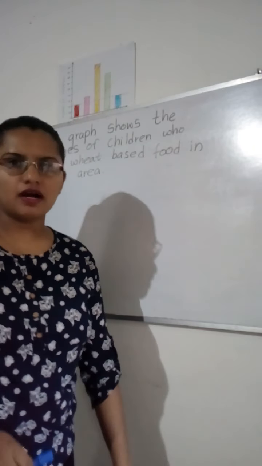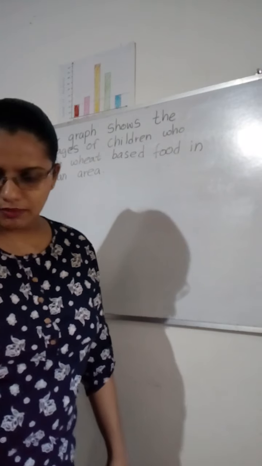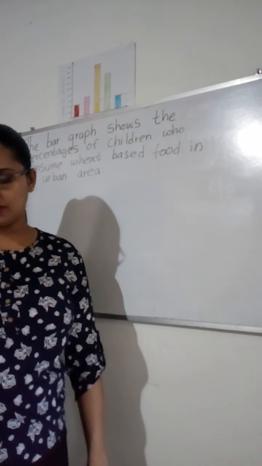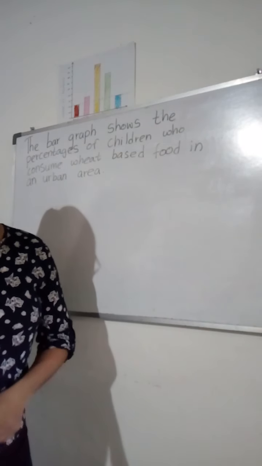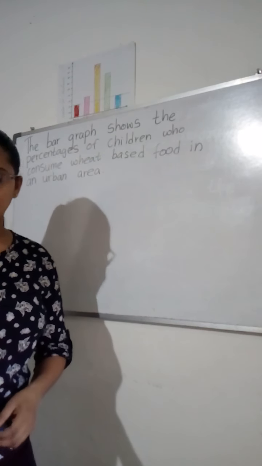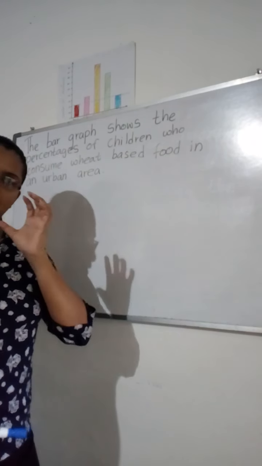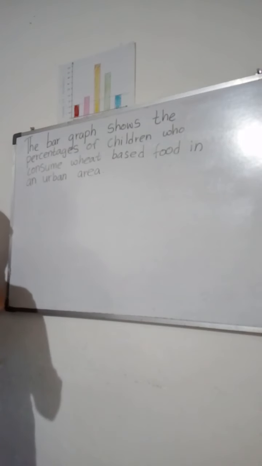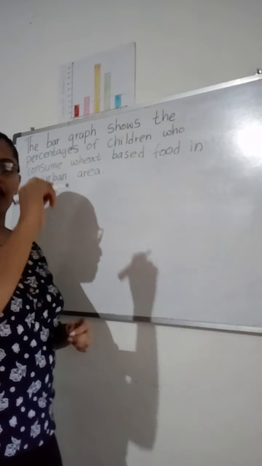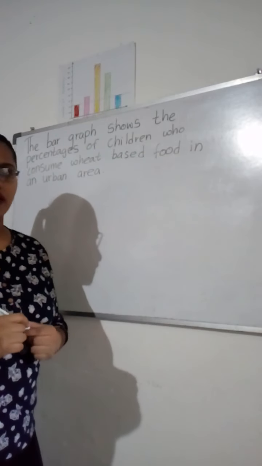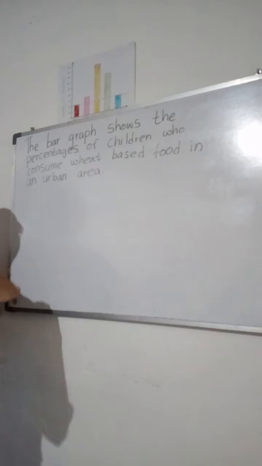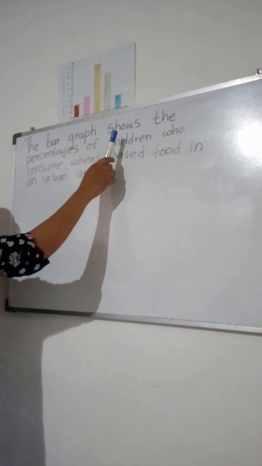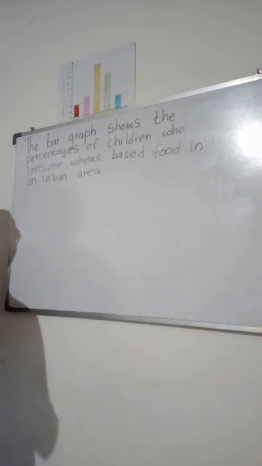The following bar graph shows the percentage of children who consume wheat-based food in an urban area. We can take that sentence as our first sentence of the description. You can cut down the word following and write the rest of the sentence here. The bar graph shows the percentages of children who consume wheat-based food in an urban area.